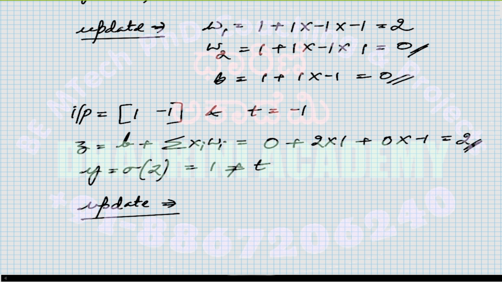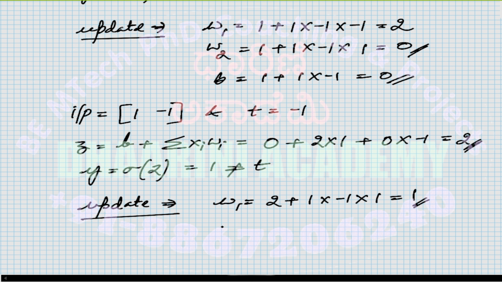And my intention is now to update these values, right? So let's do this. So W1 is equal to initial, the current value is 2 plus alpha into the target into the input. First input is 1. So 2 minus 1 is 1.